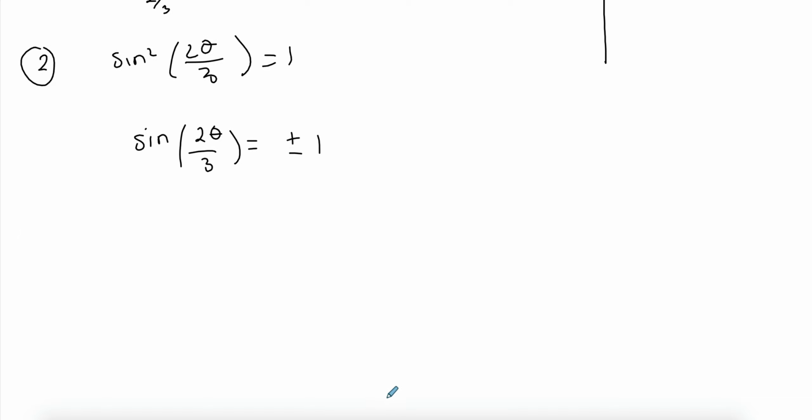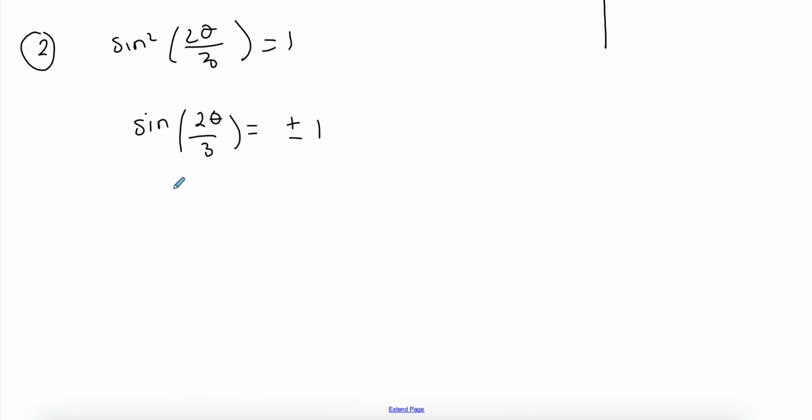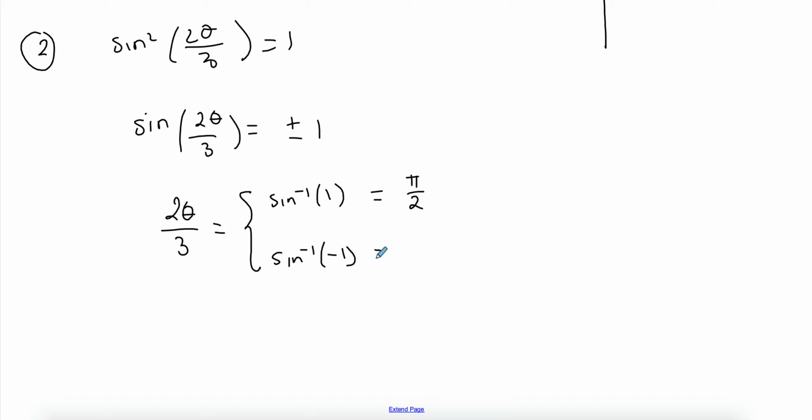We need those plus and minus in these solutions. So now if I want to solve this, sine inverse, I'm just going to do the curly bracket to show the two possible solutions. Sine inverse of 1 is equal to pi over 2, and sine inverse of negative 1 is 3 pi over 2.